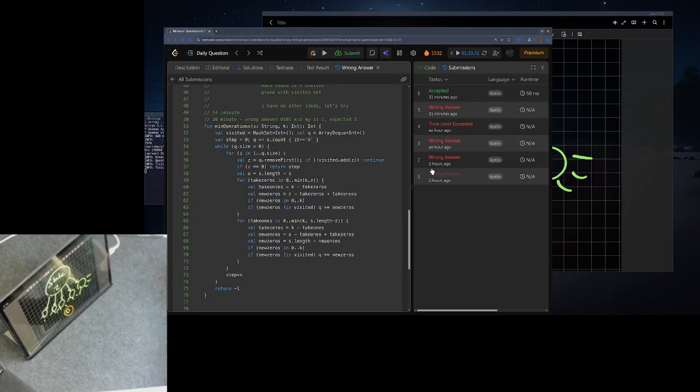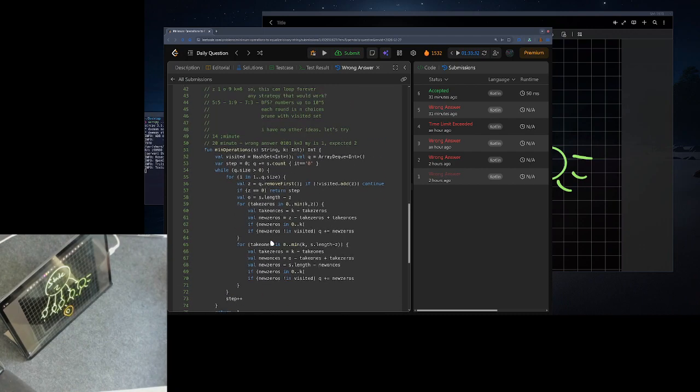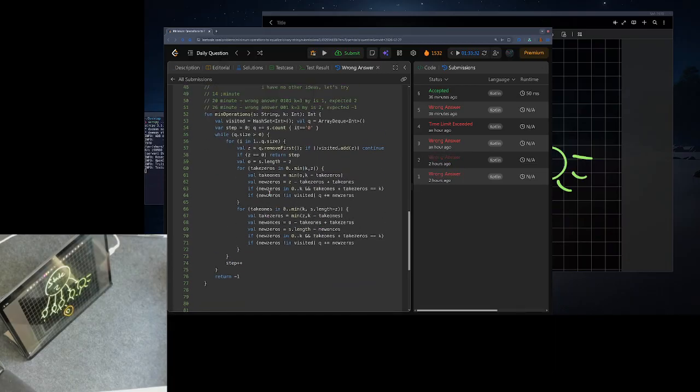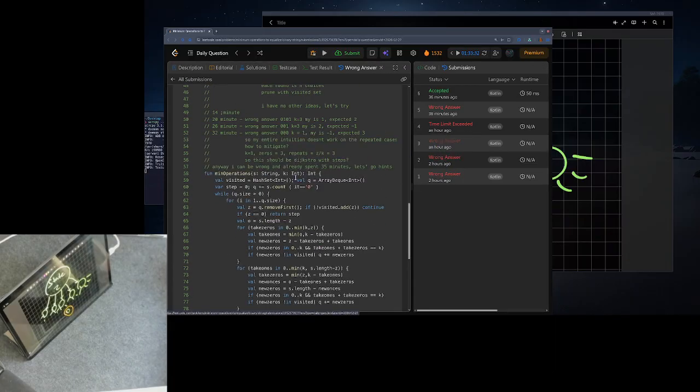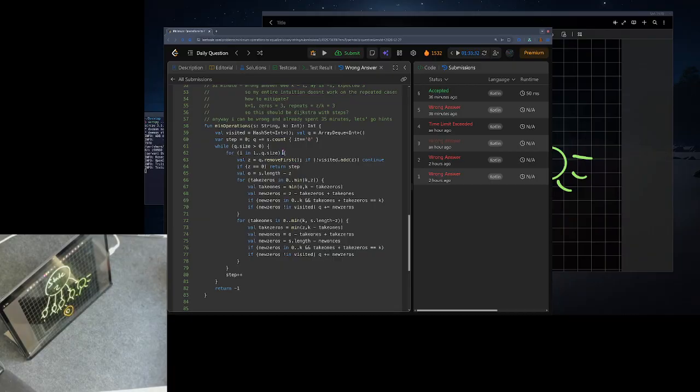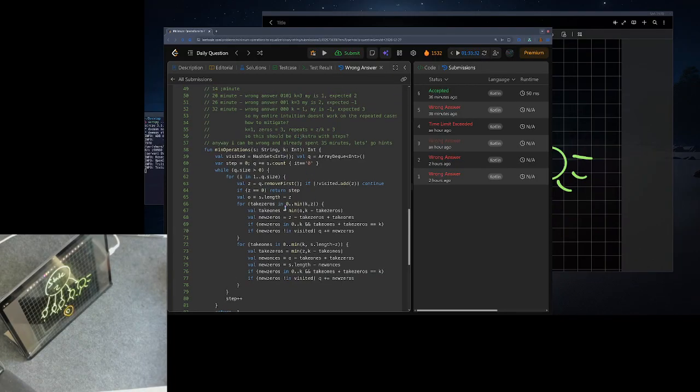However, I noticed that my code doesn't exactly work. Some corner cases, and finally I spotted that the state has some repeats.